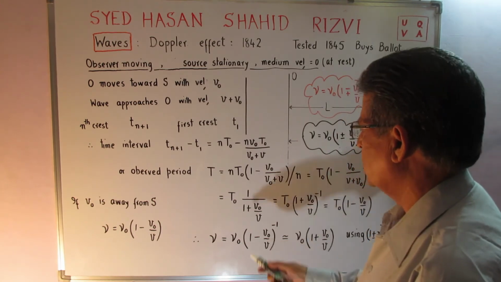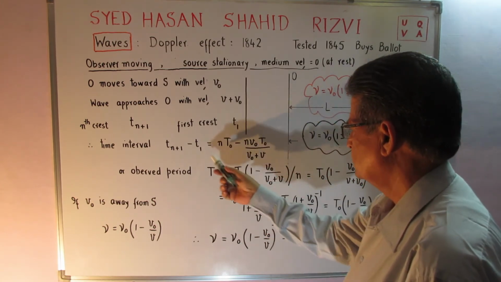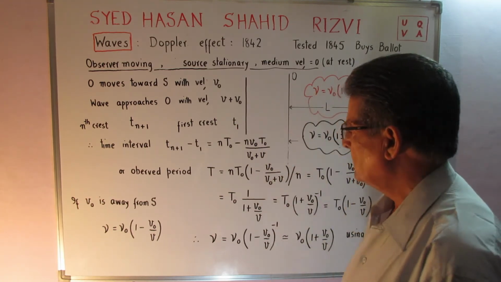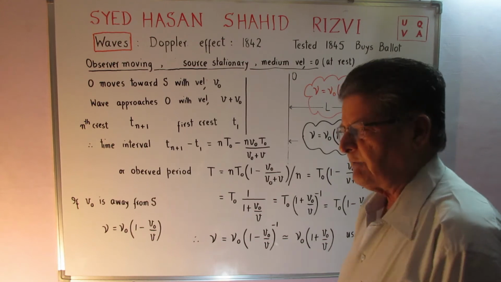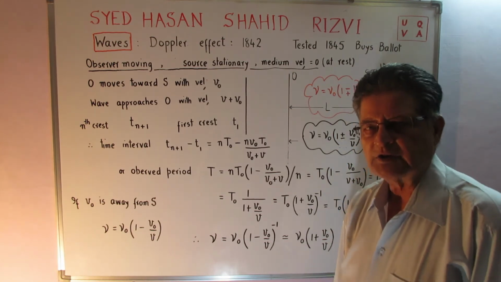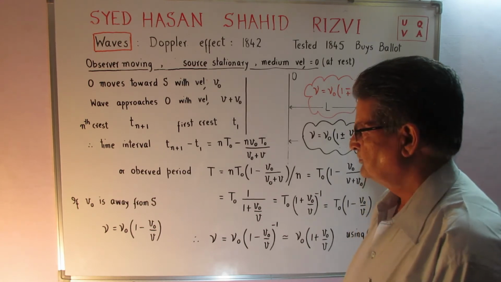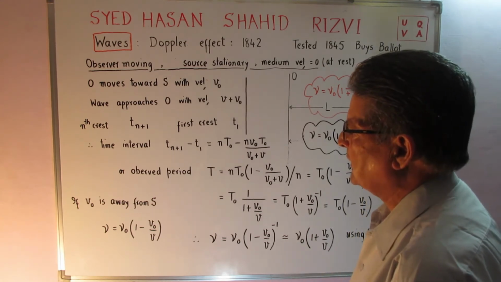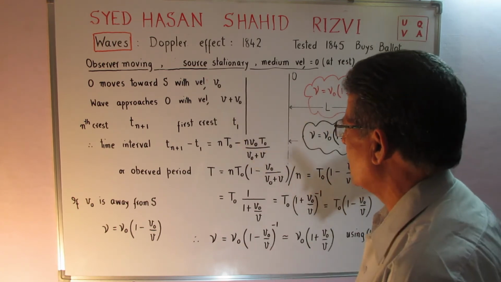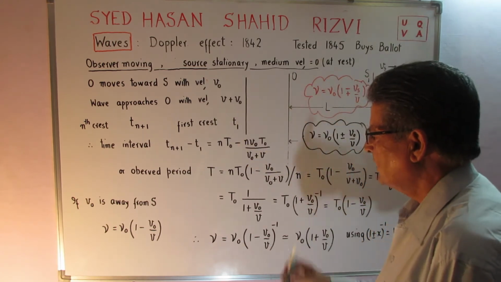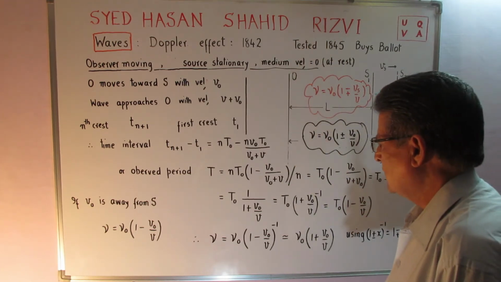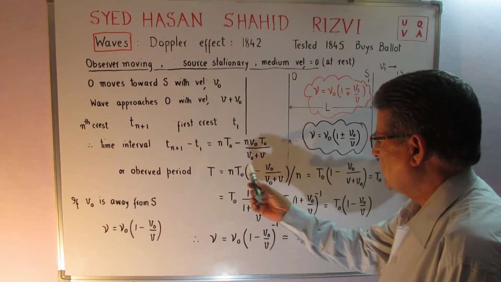That will turn out to be equal to this time divided by n, because n crests have come there. Well, by the way, we can take troughs also at the same condition, no problem. So instead of taking the crests, we can take troughs, but keep it to crests only, because else you get confused. So n and n cancel out.